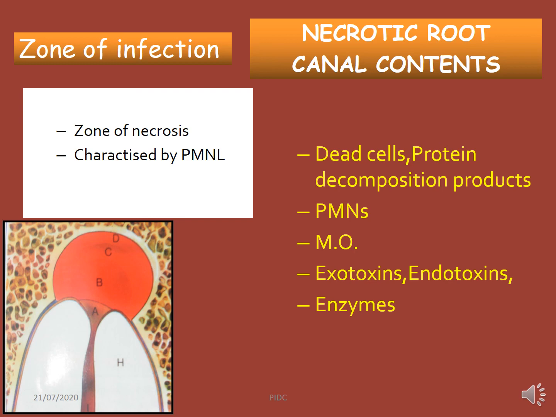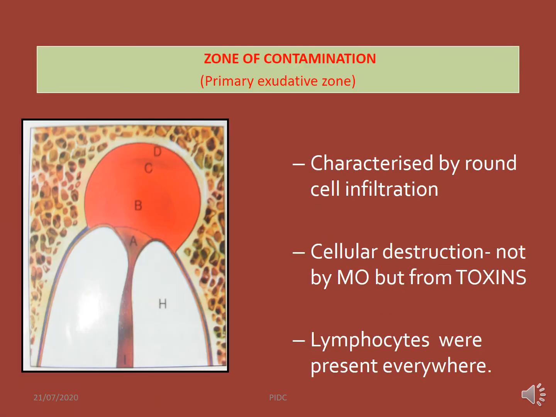The next zone is the zone of contamination. Here you may find lots of round cell infiltration characterized by cell destruction. This cell destruction is not caused by the microorganisms but by the toxins released by them. The predominant cells in this area are lymphocytes.